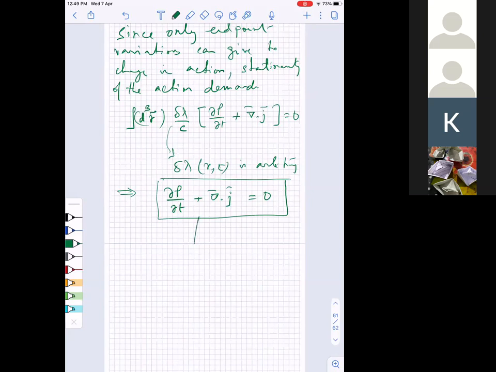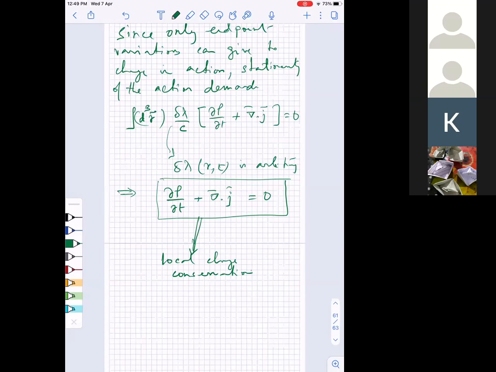And this is nothing but local charge conservation. So due to infinitesimal gauge invariance, we have a local charge conservation.